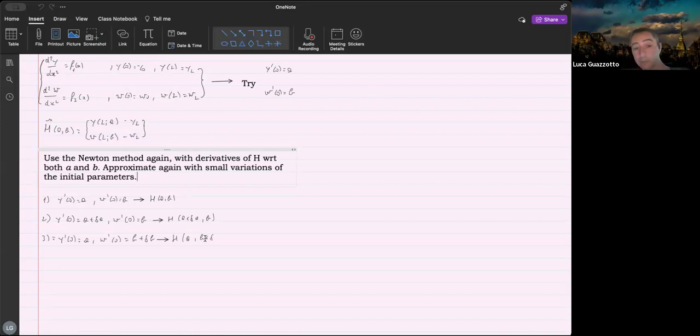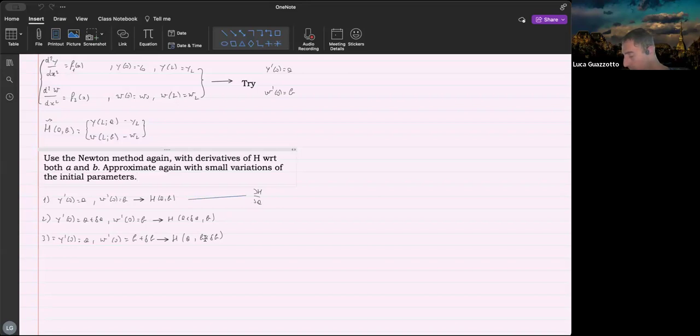Okay, and these are enough to get the partial derivatives of H. These two can be used to get the derivatives. Oops, the straight line. Thank you.